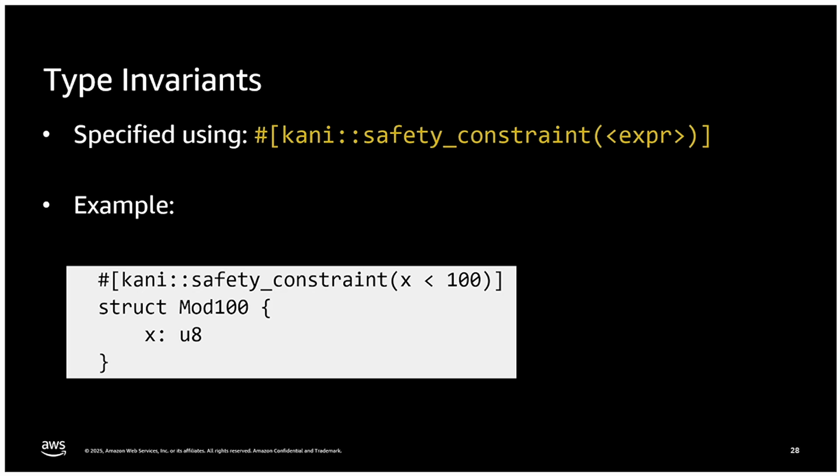So essentially, its range is from 0 up till 99. And the way you can specify this is you can annotate it with safety_constraint and say x is strictly less than 100. And how Kani treats this is that when you derive Arbitrary for this data structure, we would make sure that we satisfy the safety constraint.